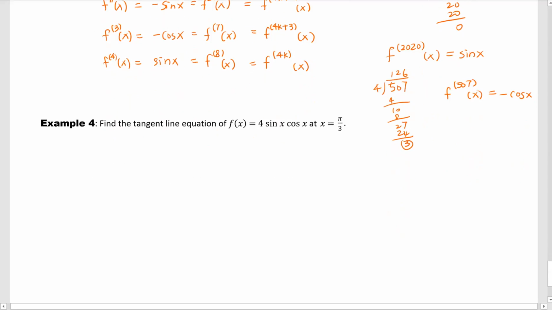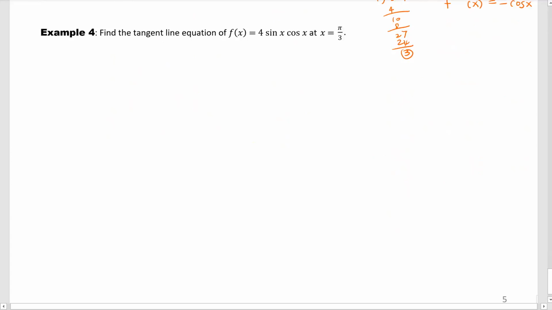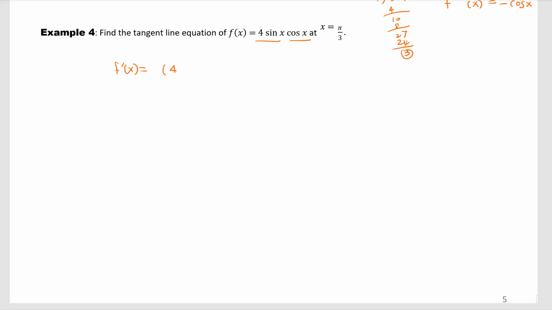Let's continue. So example 4, we want to find the tangent line equation of the function f of x equals 4 sine x cosine x. Okay, remember how to find tangent line? We want to find the derivative. Well, but this guy is a product, so we use product rule.